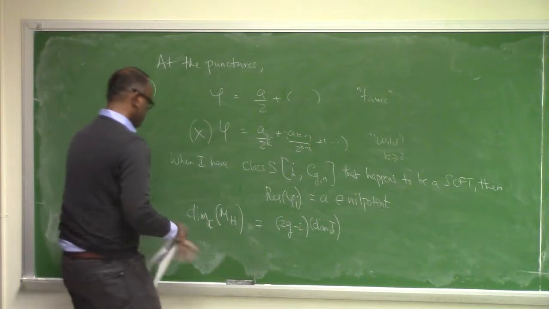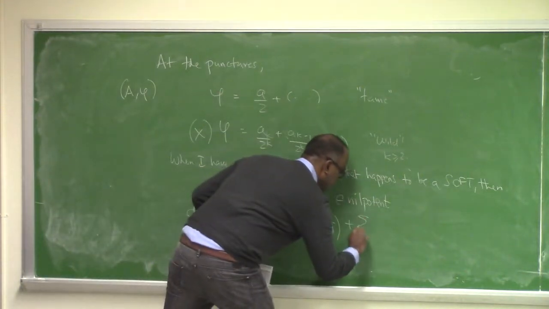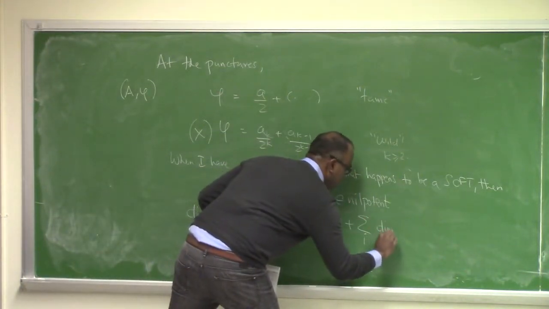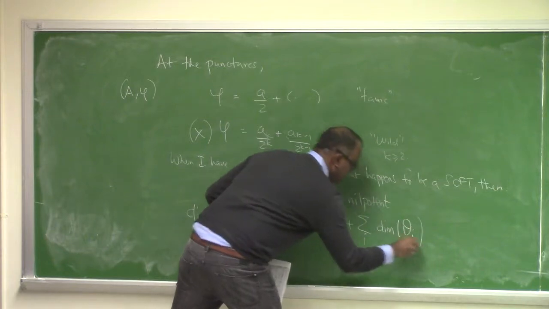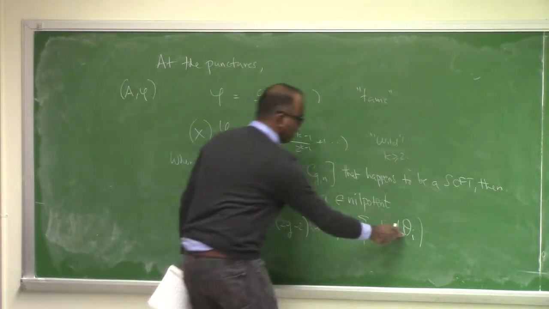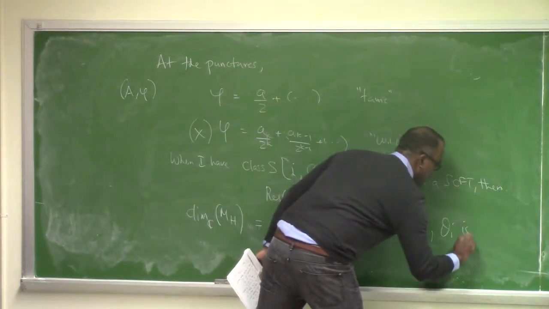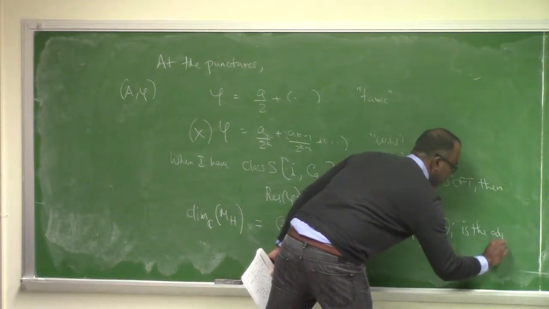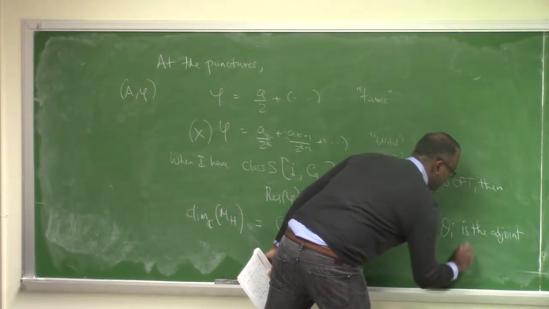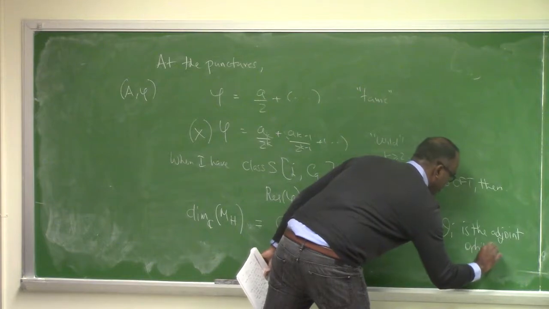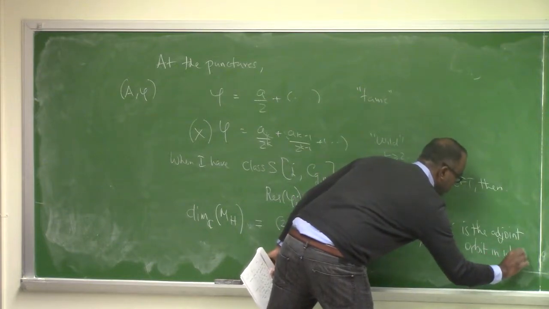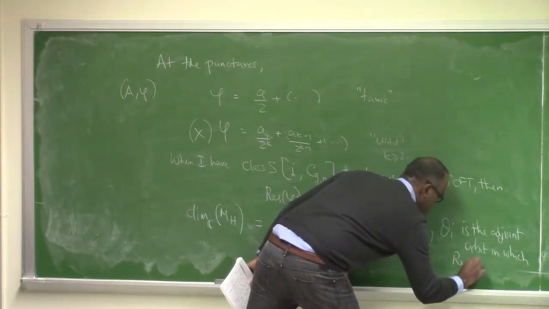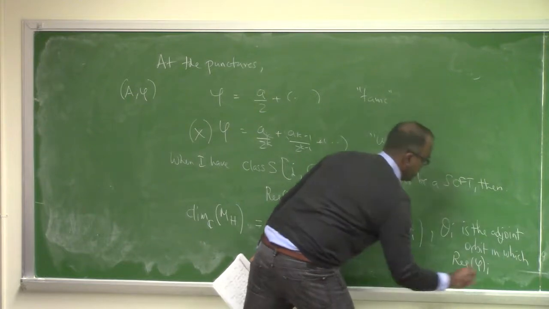And there's a sum over the punctures, where O_i is the adjoint orbit in which the residue of phi at puncture i lives.